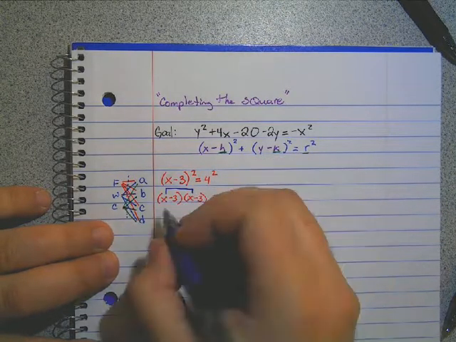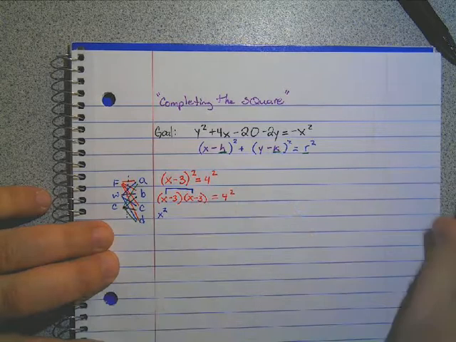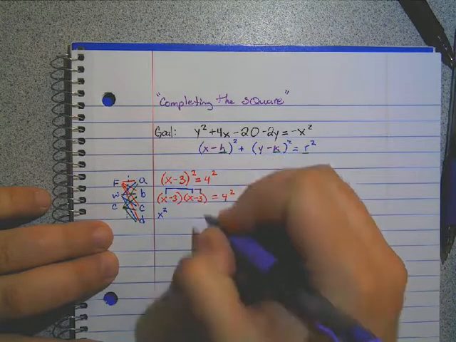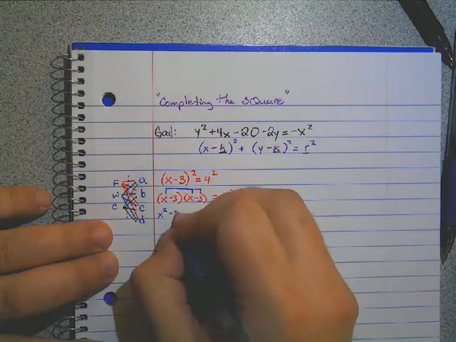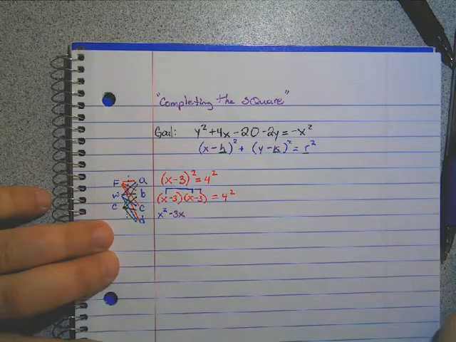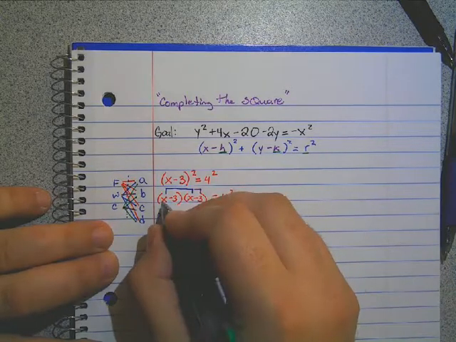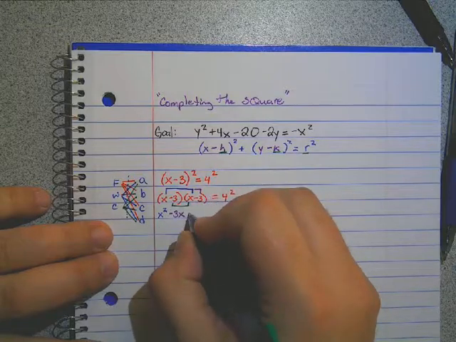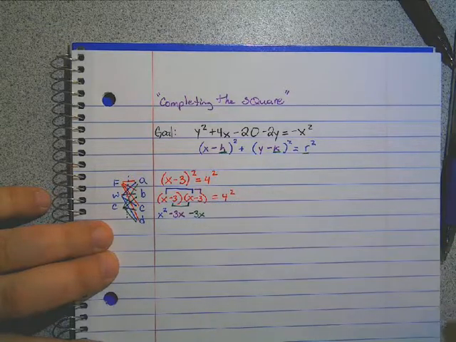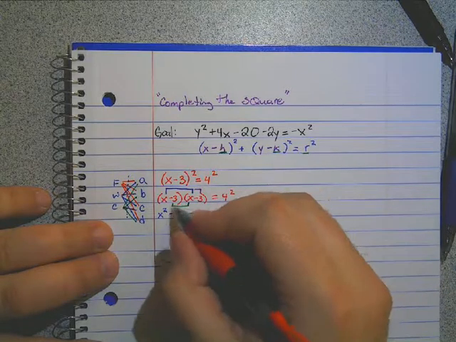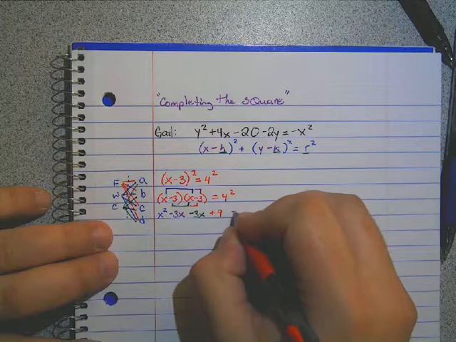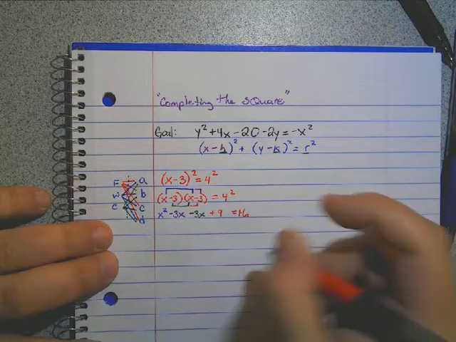So up here we're going to use x times x. We're going to distribute that, and we're going to get x squared. Then we're going to use x times negative 3 to get negative 3x. So that has distributed the x to both of those. Now I'm going to distribute the negative 3. So negative 3 times x is negative 3x. And finally, negative 3 times negative 3 is going to be positive 9.